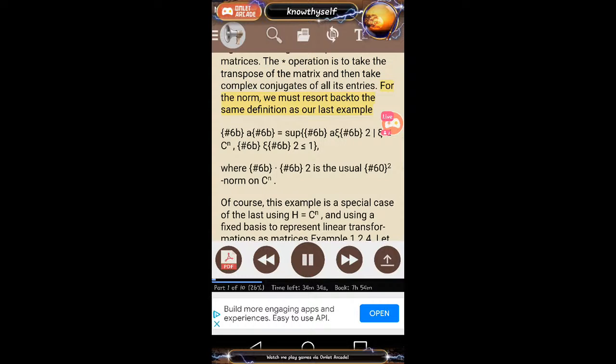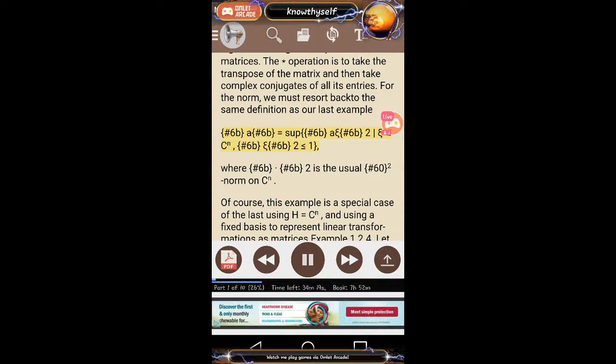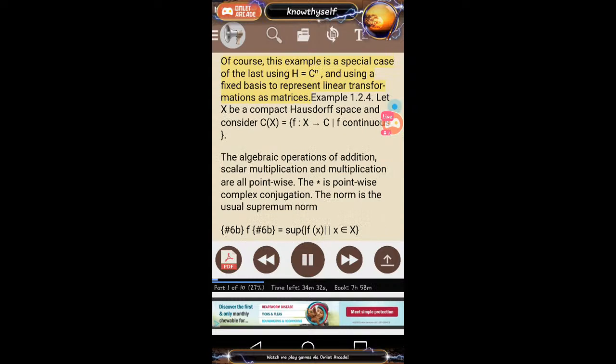For the norm, we must resort back to the same definition as our last example. ‖A‖ equals sup of ‖Aξ‖₂ such that ξ is an element of Cⁿ, ‖ξ‖₂ is less than or equal to 1, where ‖·‖₂ is the usual ℓ² norm on Cⁿ. Of course, this example is a special case of the last using H equals Cⁿ, and using a fixed basis to represent linear transformations as matrices.